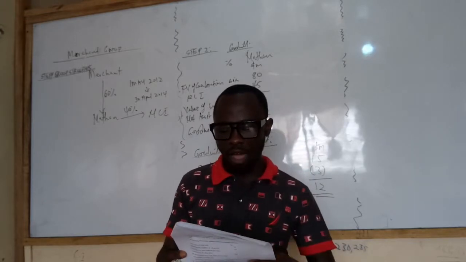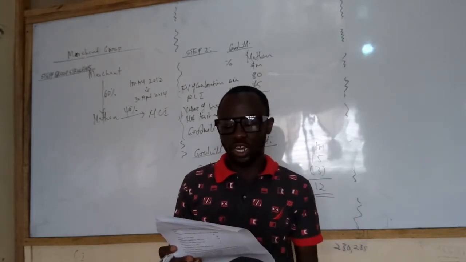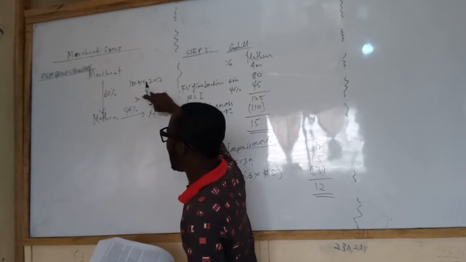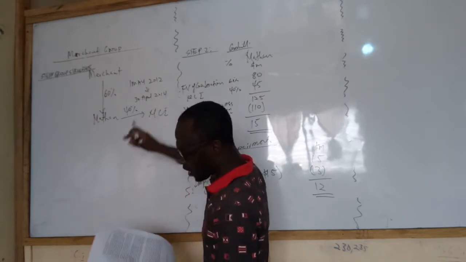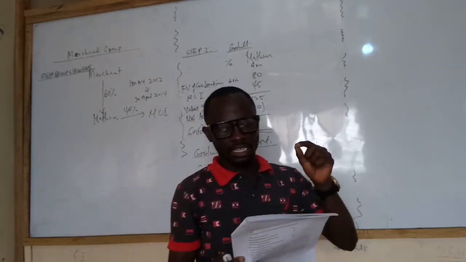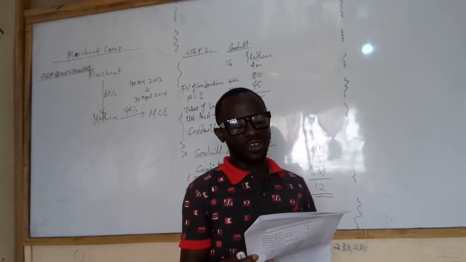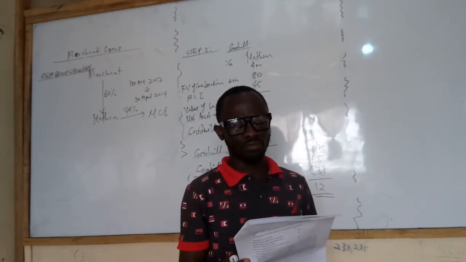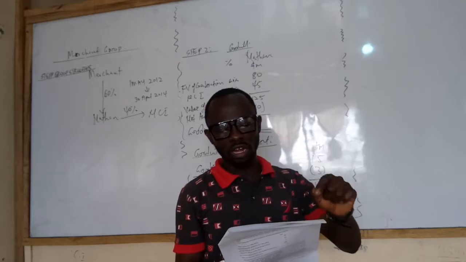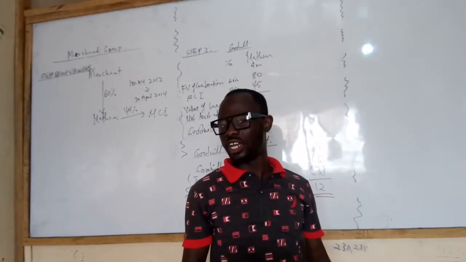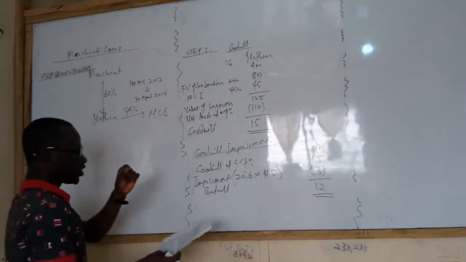Then the examiner said, however, as at April 2014, when the current year ended under consideration, the impairment of goodwill had reversed and goodwill was valued at 2 million above its original value. So this is my question.